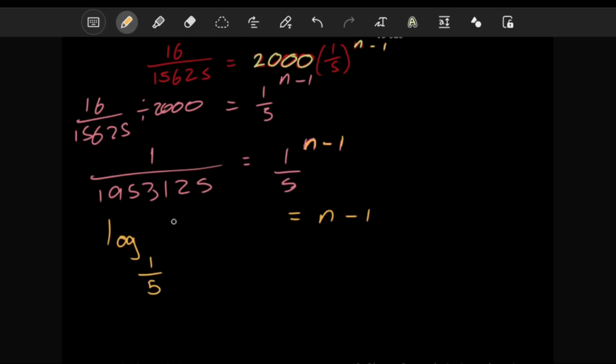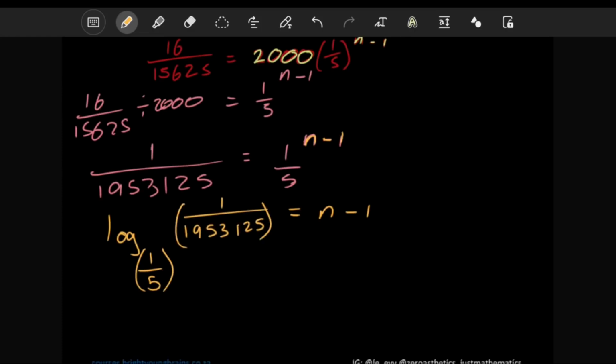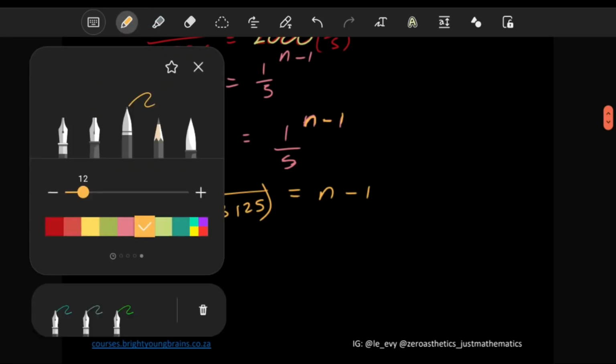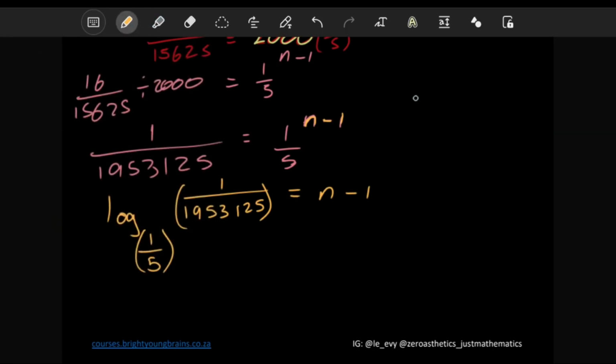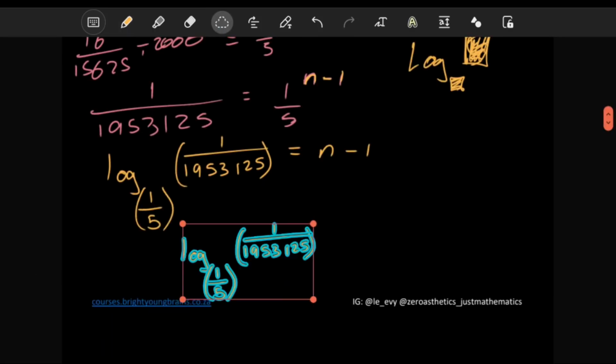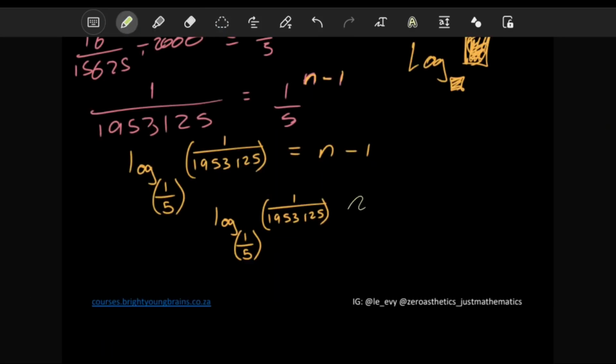And then this thing here, you're going to put it over there. In your calculator, just under the on button, you're going to see there's a log button that looks like this. That log button is represented by this thing over here. So the one is going to go to the other side. And then now you can work out a value for n by throwing everything into your calculator.